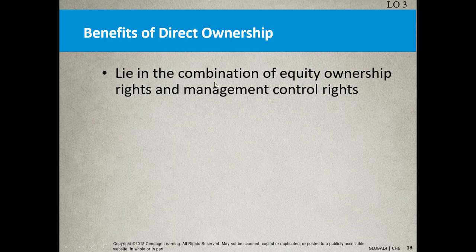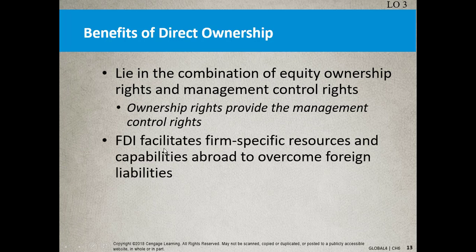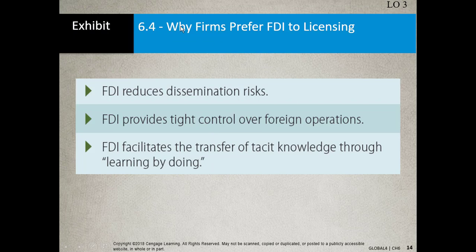Hey, it's yours and you get to make decisions. Ownership rights provide the management control rights. Foreign direct investment facilitates firm-specific resources and capabilities abroad to overcome foreign liabilities. Again, I just discussed that with my GE example.